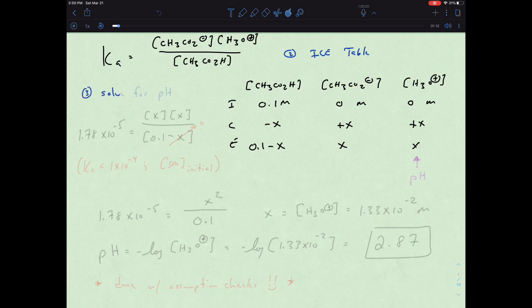And now we solve for pH, right, where we're substituting back into our Ka expression. So our 1.78 times 10 to the negative fifth is equal to x times x, or x squared in the numerator, and then 0.1 minus x in the denominator.